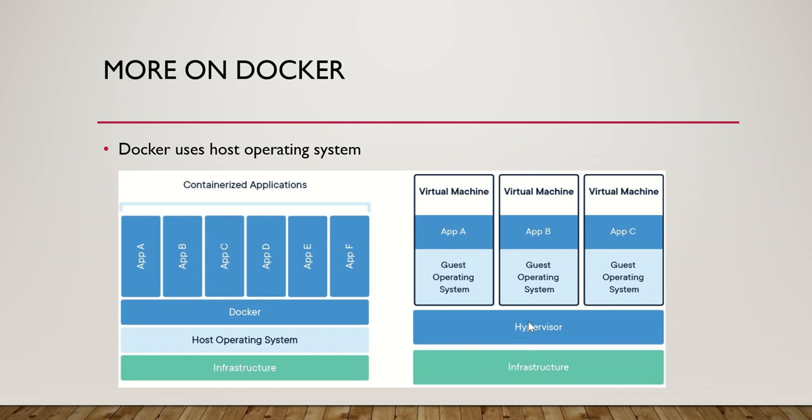Consider the olden days, we have a hypervisor. On top of that, we get the virtual machines. A virtual machine is required for each application. That means app A requires one virtual machine, app B requires another virtual machine, app C requires another virtual machine. Each virtual machine should have its own operating system, along with all the dependencies your application requires.